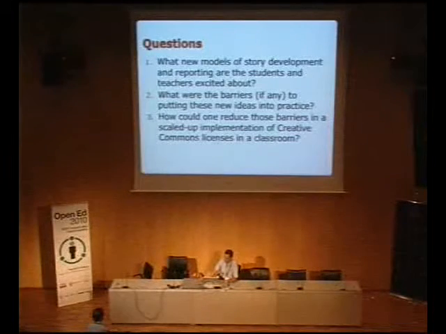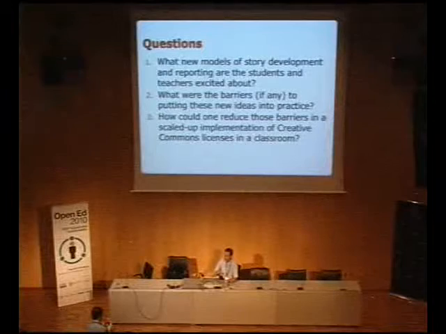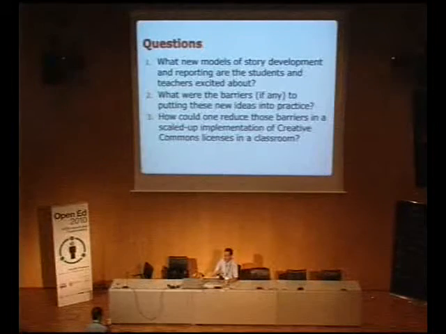The third and final question was how could we reduce the barriers that we ran into, especially looking at a more scaled-up implementation of something like Student Journalism 2.0. In this first attempt, it was really just a handful of high school teachers, lots of face-to-face interaction, and then even follow-up checking, phone calls, and teacher meetings.